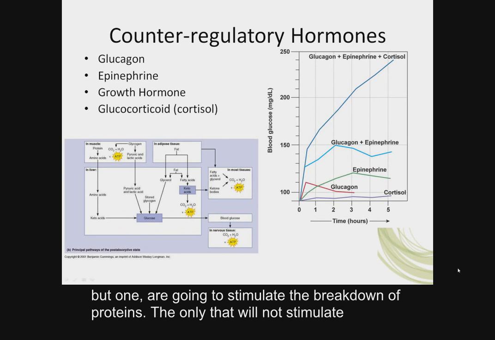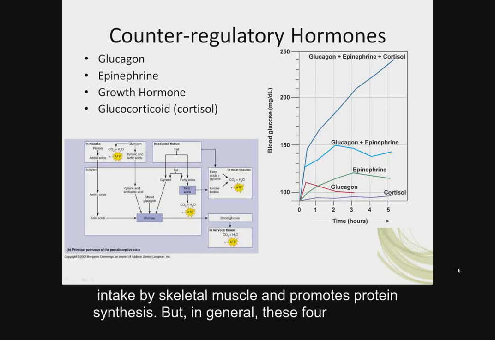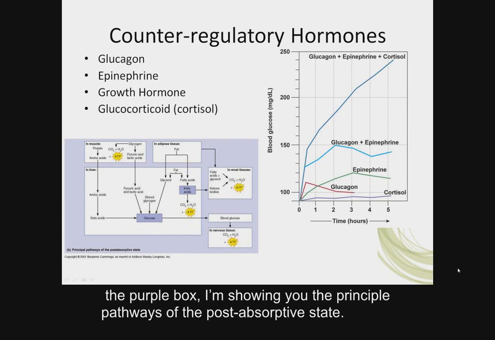The only one that will not stimulate the breakdown of proteins to amino acids will be growth hormone. Growth hormone actually promotes amino acid intake by skeletal muscle and promotes protein synthesis. But in general, these 4 hormones are going to counter the effects of insulin. In the bottom left picture, shown in the purple box, I'm showing you the principal pathways of the post-absorptive state.